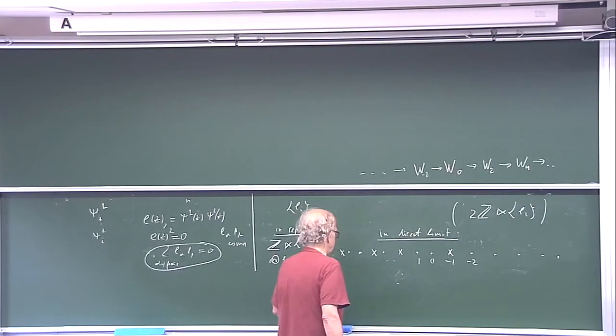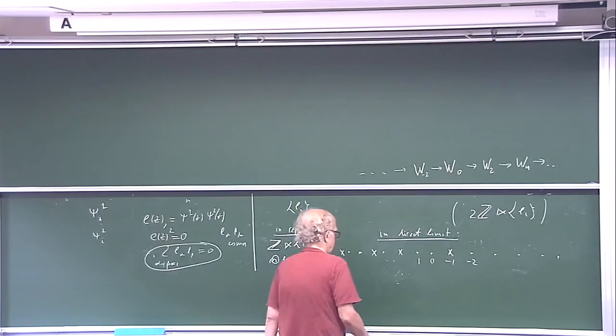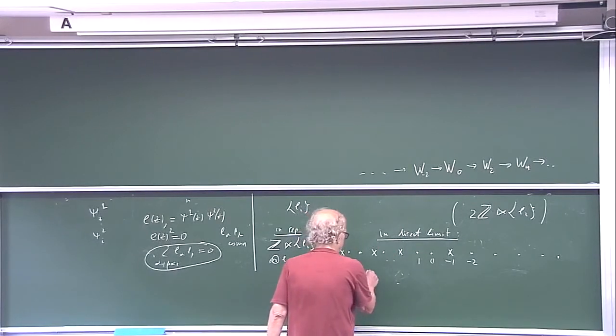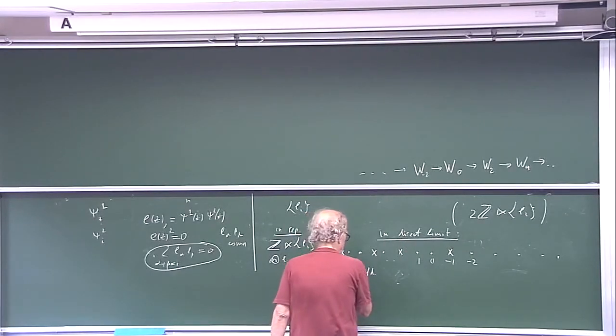And about tails, here we have two possibilities. The tail can go to odd numbers, like in this example, I think, or even numbers.